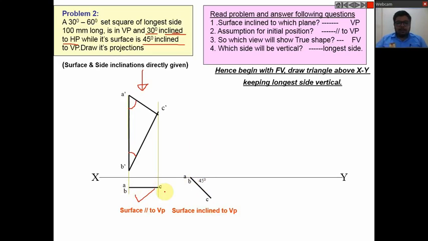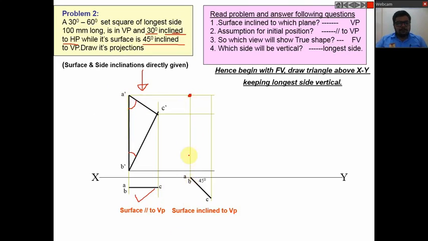Now we have to take the projections of these 2 points in the upward direction, something like this. Then we will take the projections from the right side, that is A dash, then B dash and C dash. So here this is the projection of A and this is the projection of A dash. So this will be our new point.